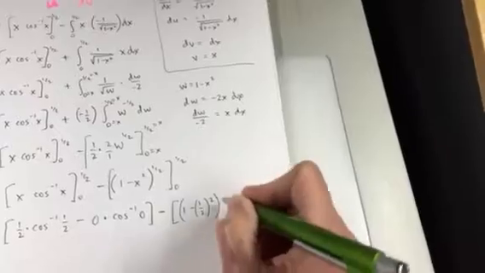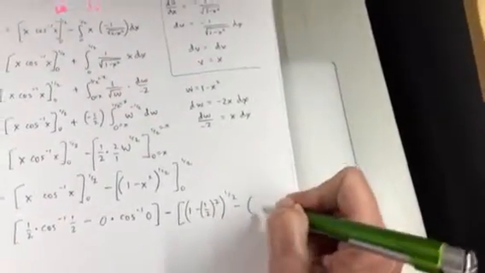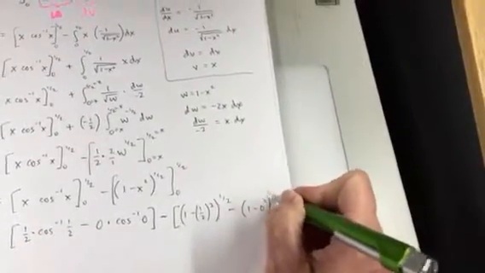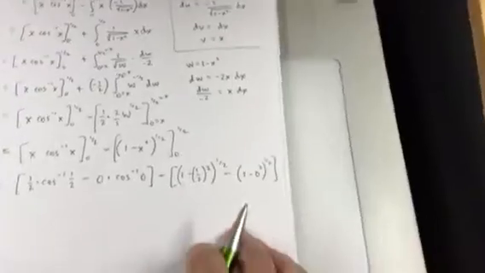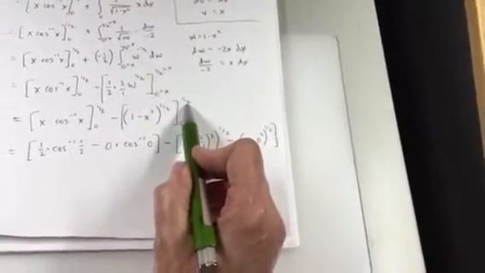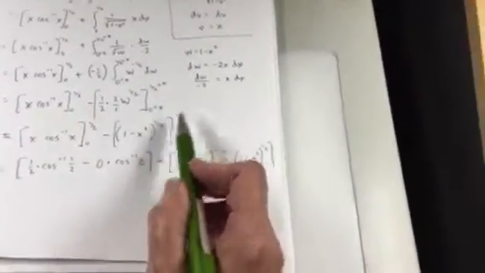That whole thing is to the 1/2 minus, open parentheses again, 1 minus 0 squared, and that whole thing is to the 1/2. Oh my gosh, this almost looks like a little exponent after I have all those 1/2s, but it's not. Those are the numbers I'm plugging in, right?